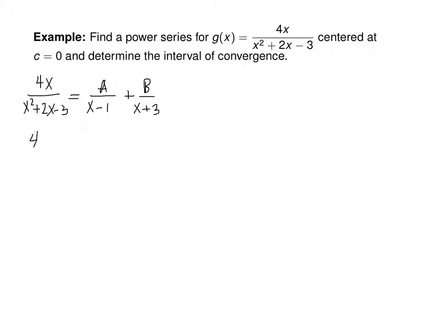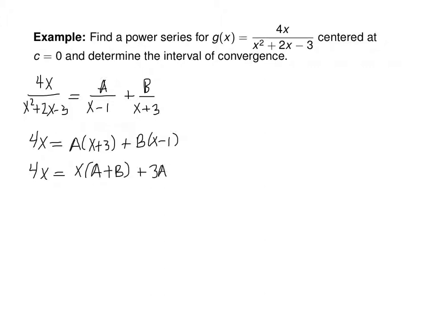And that gives us 4x equals a times x plus 3 plus b times x minus 1, or 4x equals x times a plus b, and then plus 3a minus b. And because we have 4x, we know that 4 has to equal a plus b, and because we have no constants on the left side, 3a minus b must equal 0. And that implies that 3a must equal b.